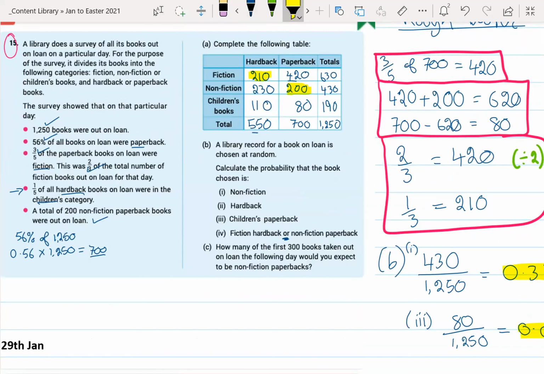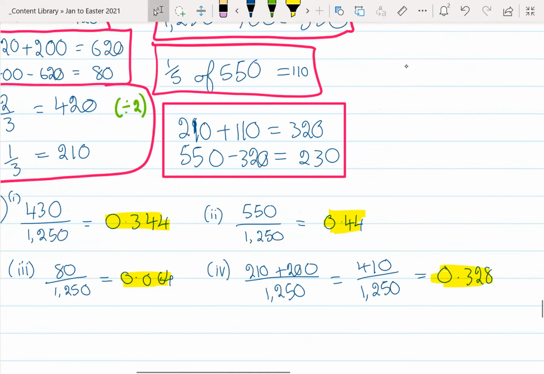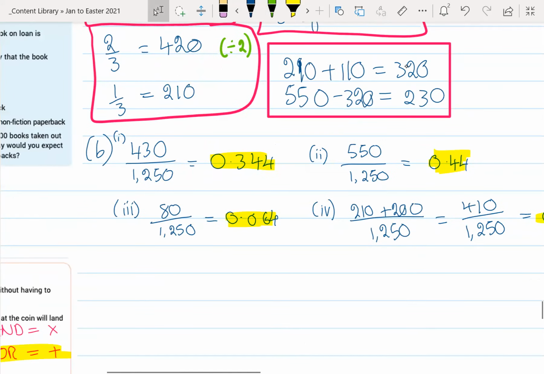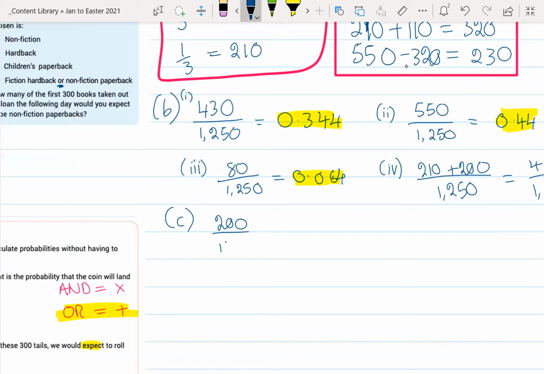Well, I've already kind of highlighted there the 200 non-fiction paperback. So it would be 200 over the 1250.